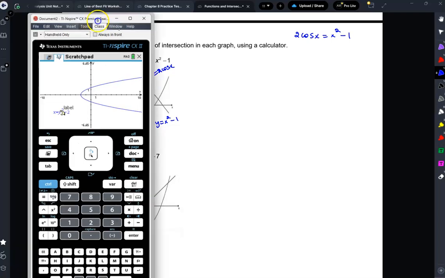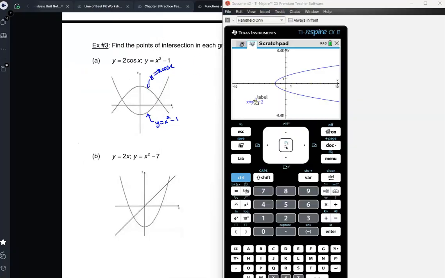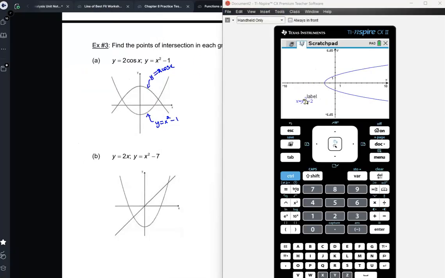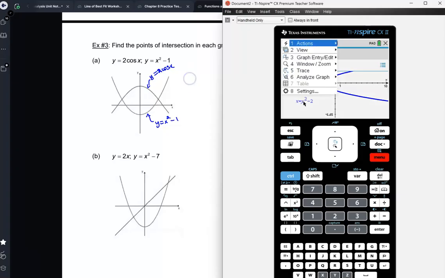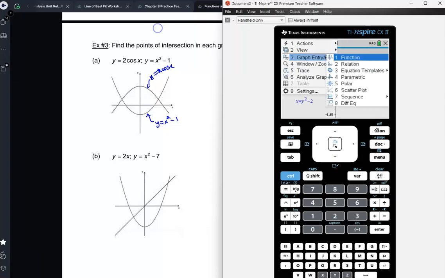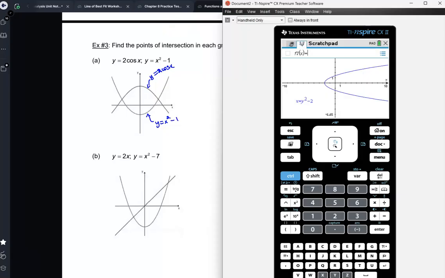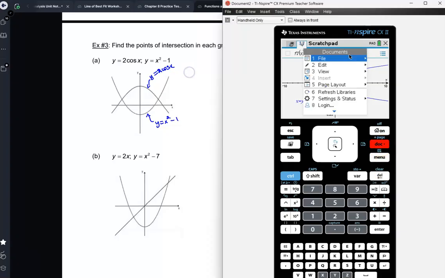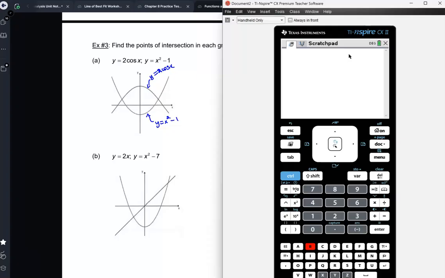So when you graph them, now we're going to get out of this. Look, if you press tab, you have this. I don't want the relation. So what I do is menu, 3. I'm going to put in a function. And look, it takes it back. You could also put doc b, but that's how you go back and forth.